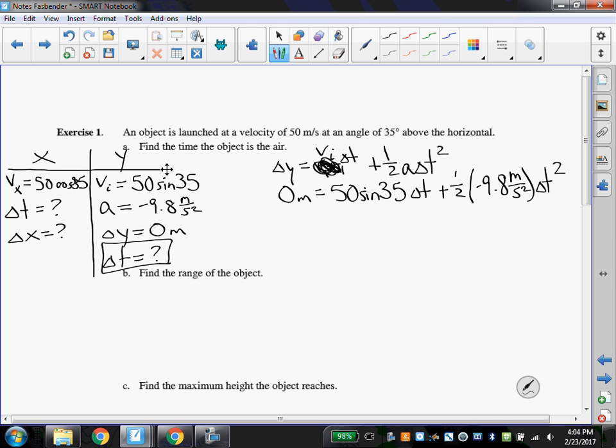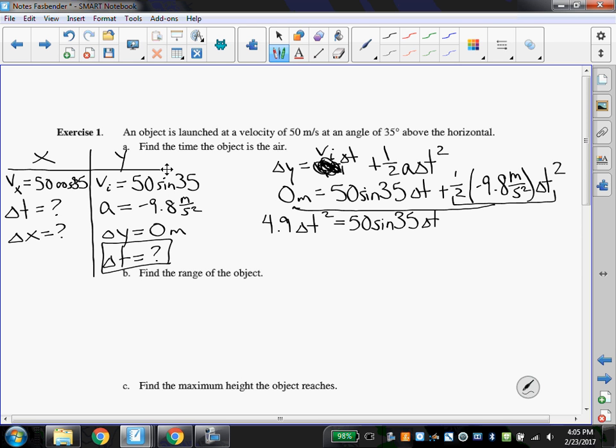Now, if you notice, we have delta t in 2 of the terms. So why don't we take our second term, since this is going to be negative 4.9 delta t squared anyway, let's just add that to the other side so that we end up seeing a 4.9 delta t squared is equal to 50 sine of 35 delta t.